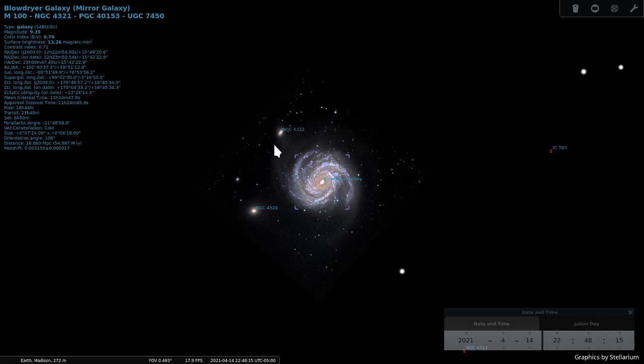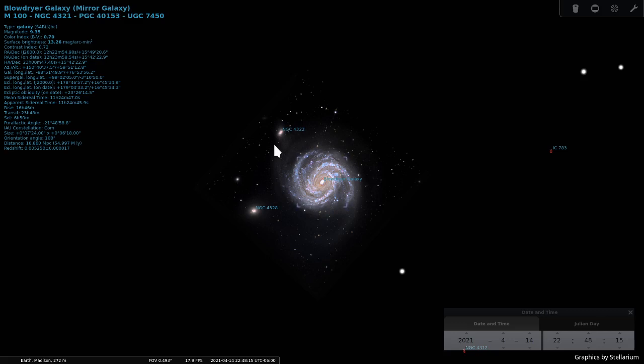So you can use Stellarium to do some intergalactic exploration, and even if you can't go out and see these things in the sky, you can enjoy quite a bit of them in Stellarium with the library of photographs that it provides in there.